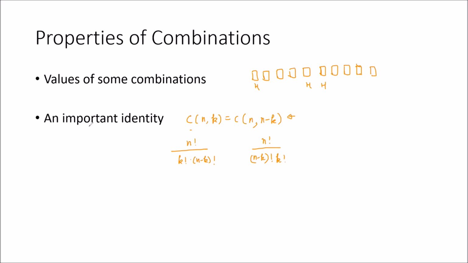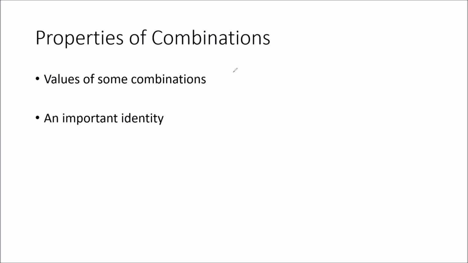Let's work a little more on the values of some combinations, just to get some idea. When k is pretty small, you can use the permutation. C(100, 1) is just 100.